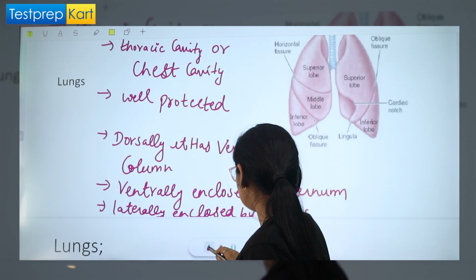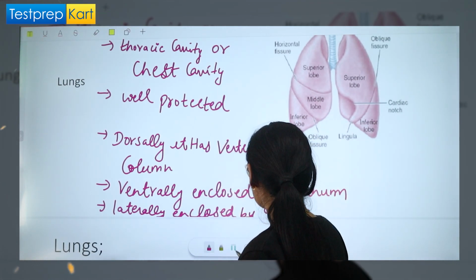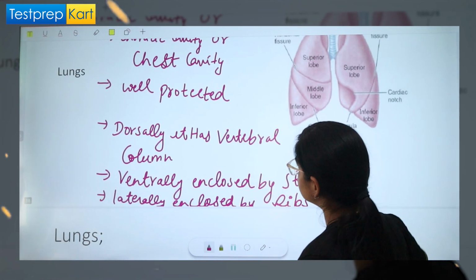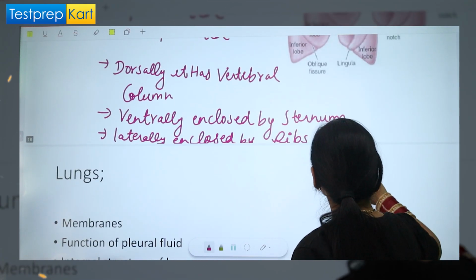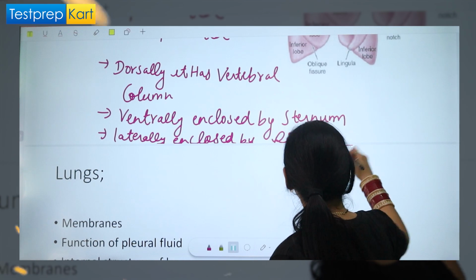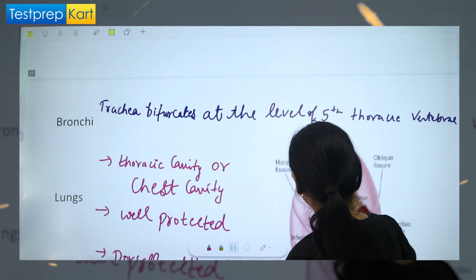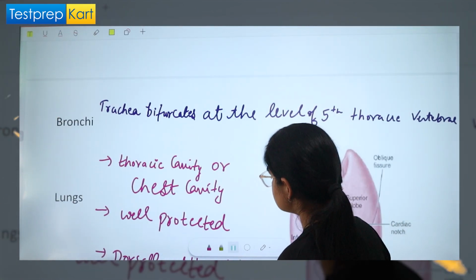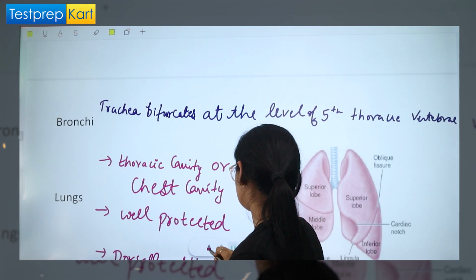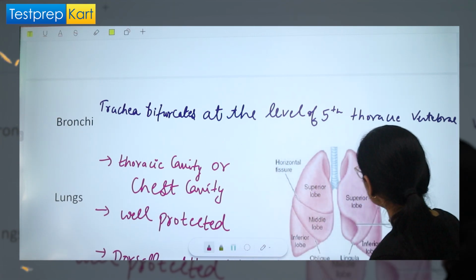Now moving forward, we'll discuss the lungs in detail, right? As you can see in this diagram of the lungs, we'll start first with the lung membranes.